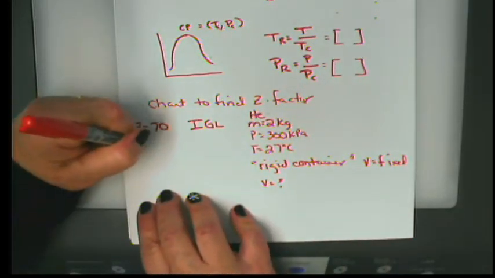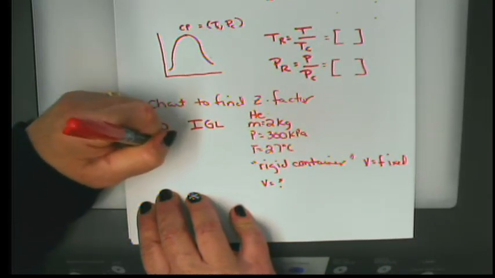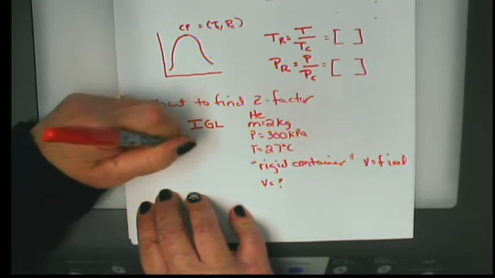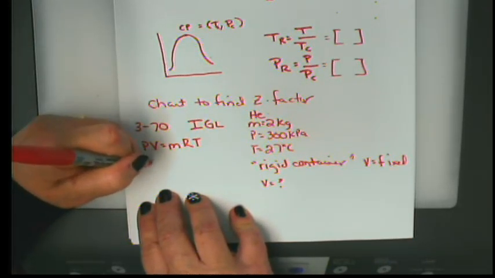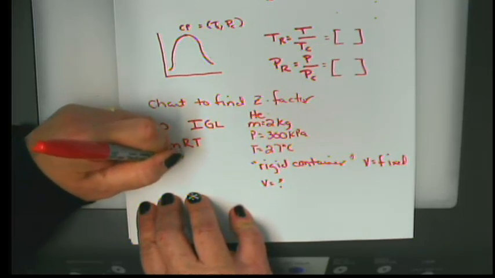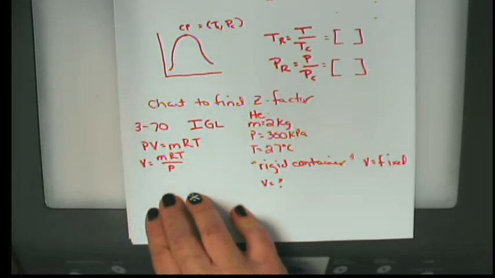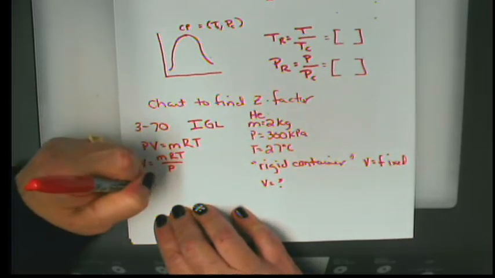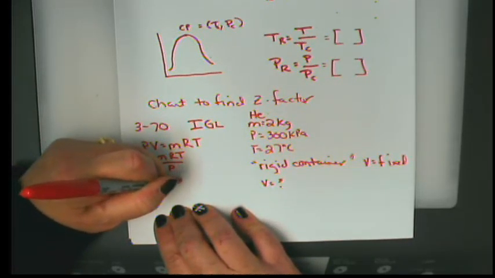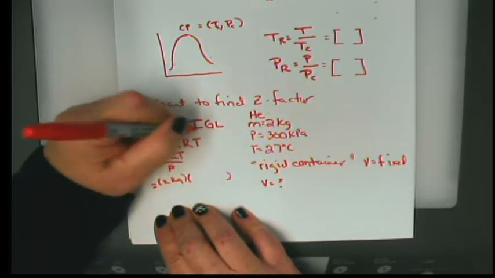All right, PV equals mRT. V is equal to mRT over P. m is 2 kilograms. Let's skip R for a minute.